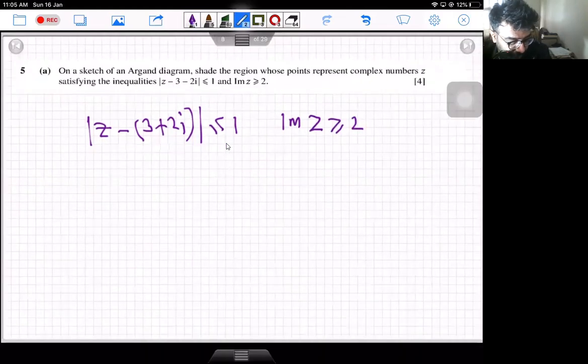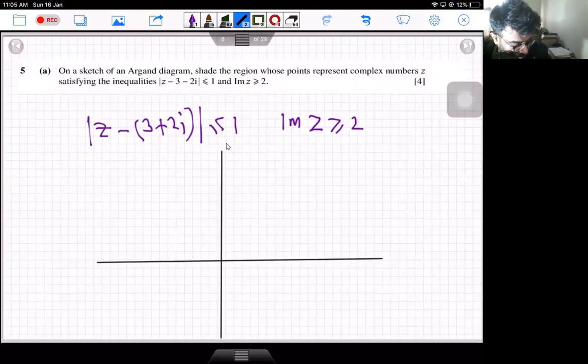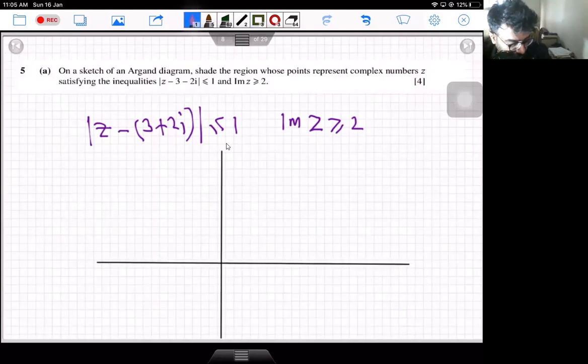So we are going to make an Argand diagram. So real axis, imaginary axis, and the origin. All right. So 3 plus 2i is the center of the circle. So 3 on the real and 2 on the imaginary. This is the center of the circle and the radius will be 1.